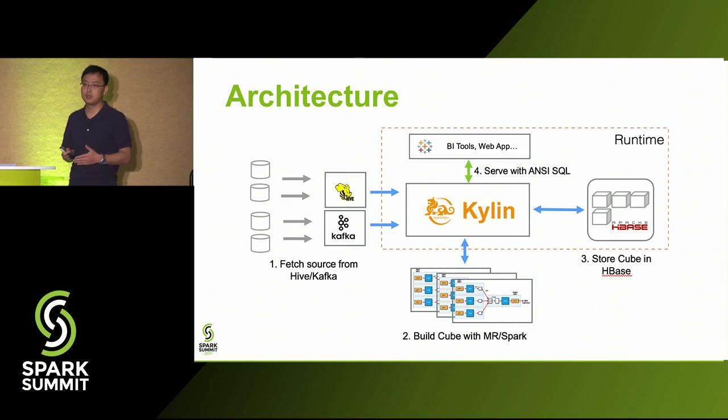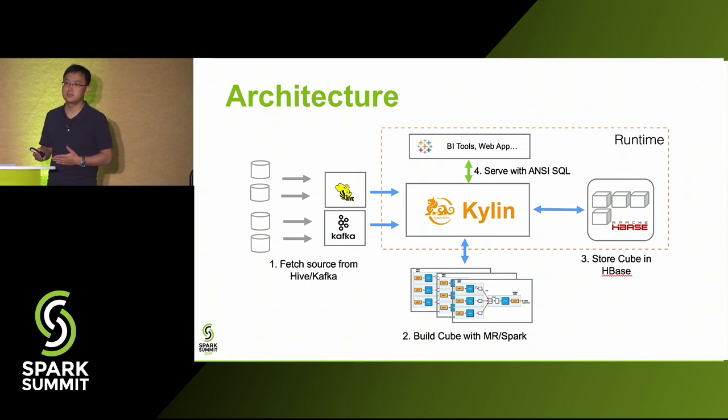The cube will be converted to HBase format and bulk-loaded to the HBase cluster. Then you can send your SQL queries via Kylin's ODBC, JDBC, or RESTful API. Kylin will parse your SQL queries and then translate them to cube visits in HBase.